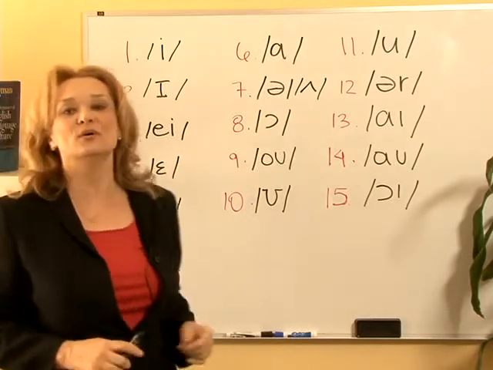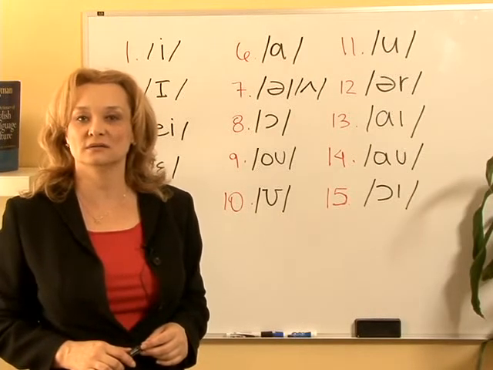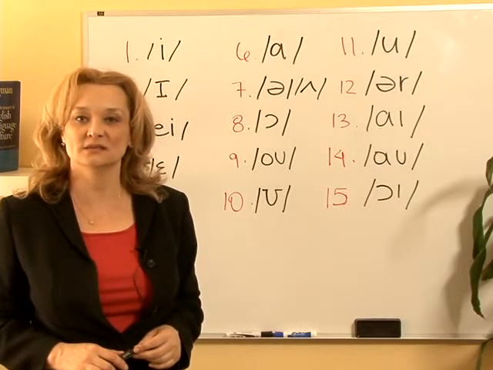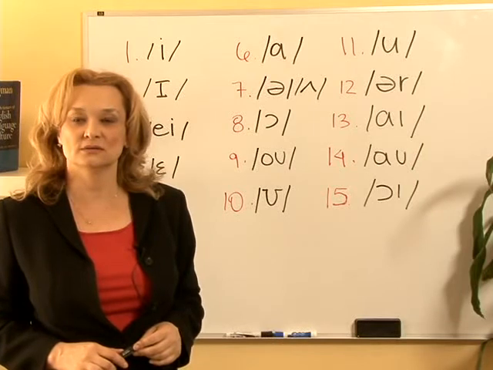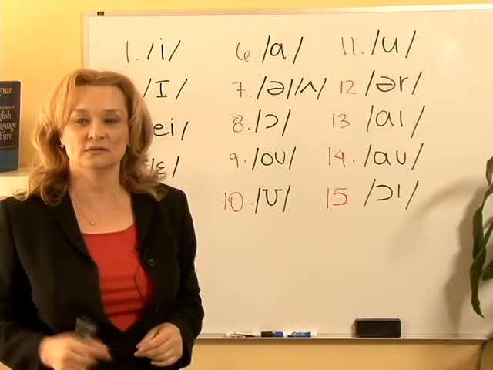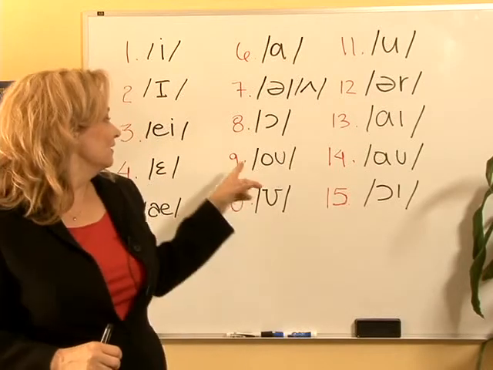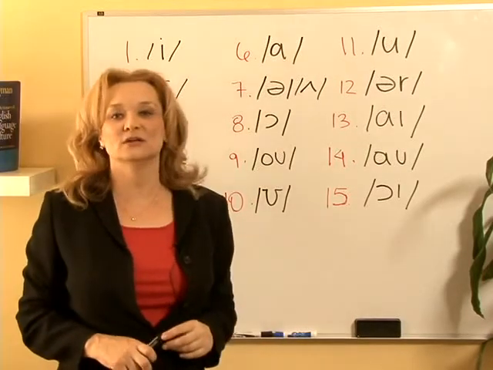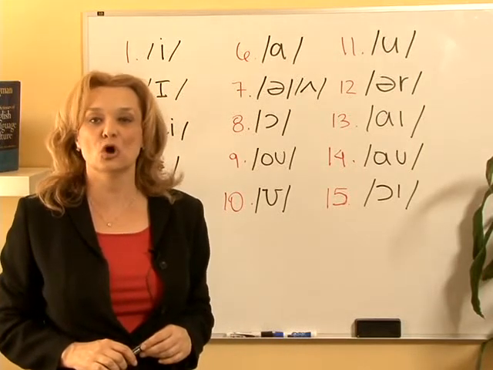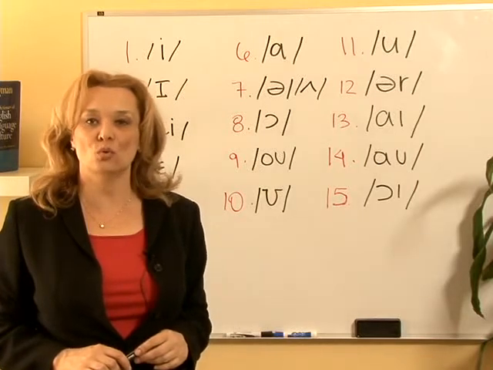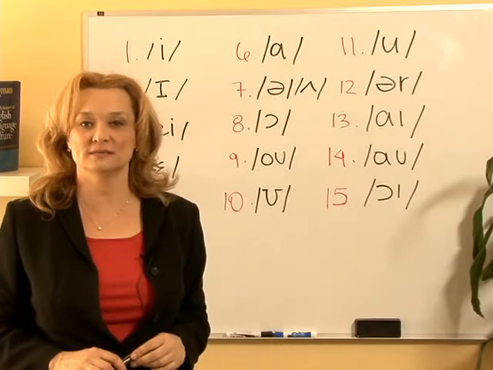Okay? Vowel number 8, aw, always, tall, bought, thought. One more time. Aw. Okay? Vowel number 9, O, go, drove, slow, moment.